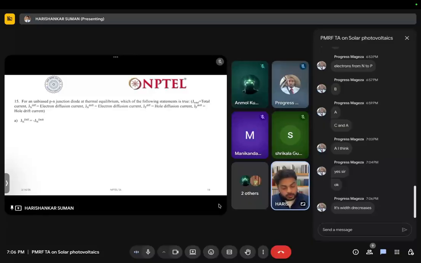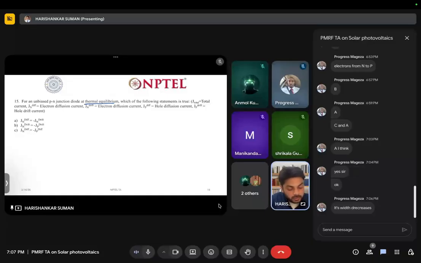Okay, see the next question. For an unbiased PN junction diode at thermal equilibrium, we have already said it is at equilibrium. Which of the following statements is true?